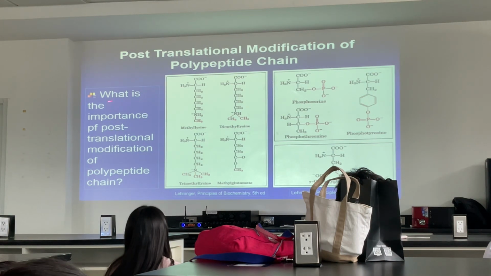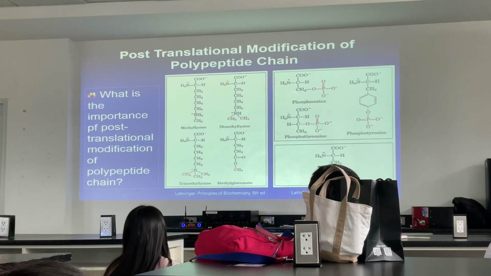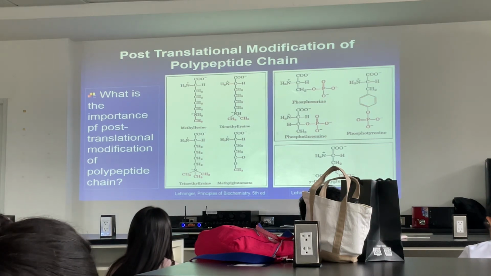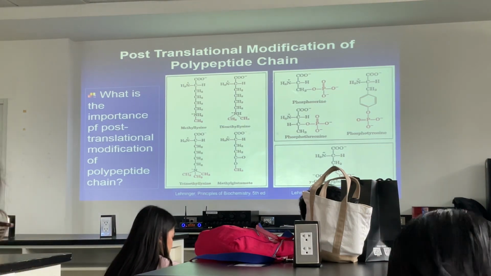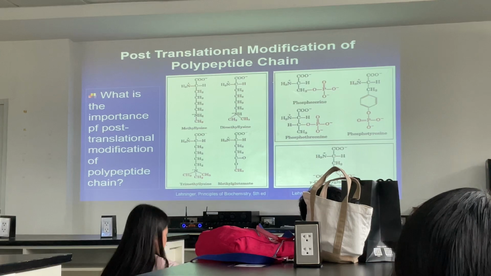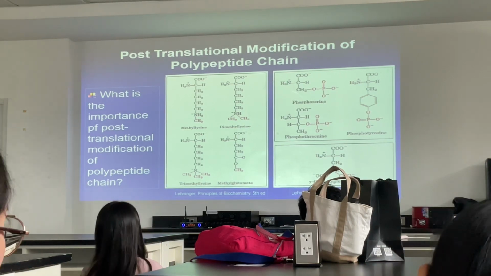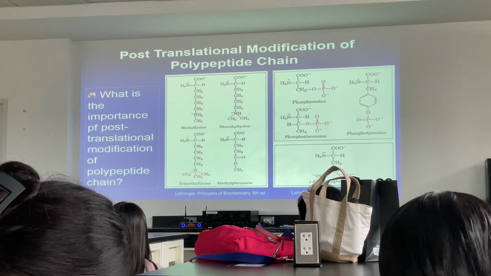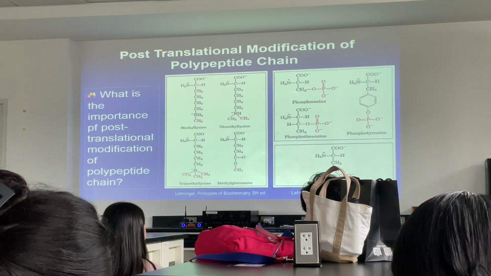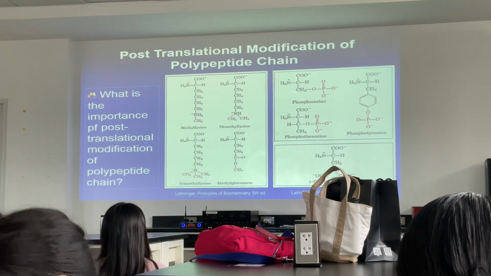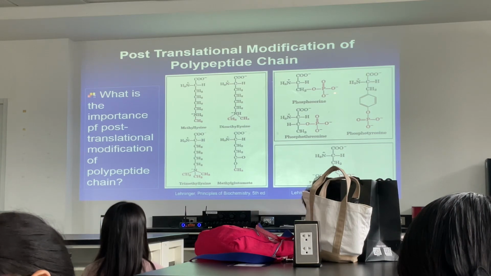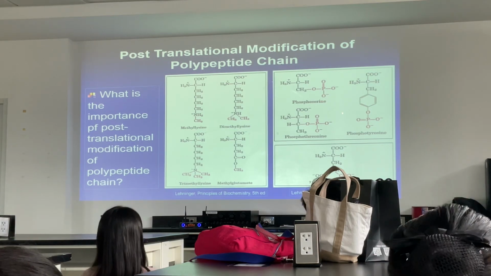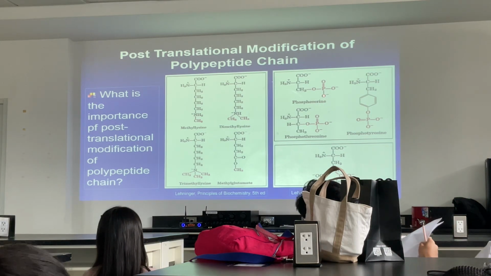So I'll give you one example. The protein glycogen phosphorylase. One post-translational modification that will occur on the enzyme glycogen phosphorylase: when it is activated, a phosphoryl group will be attached to the serine side chain.